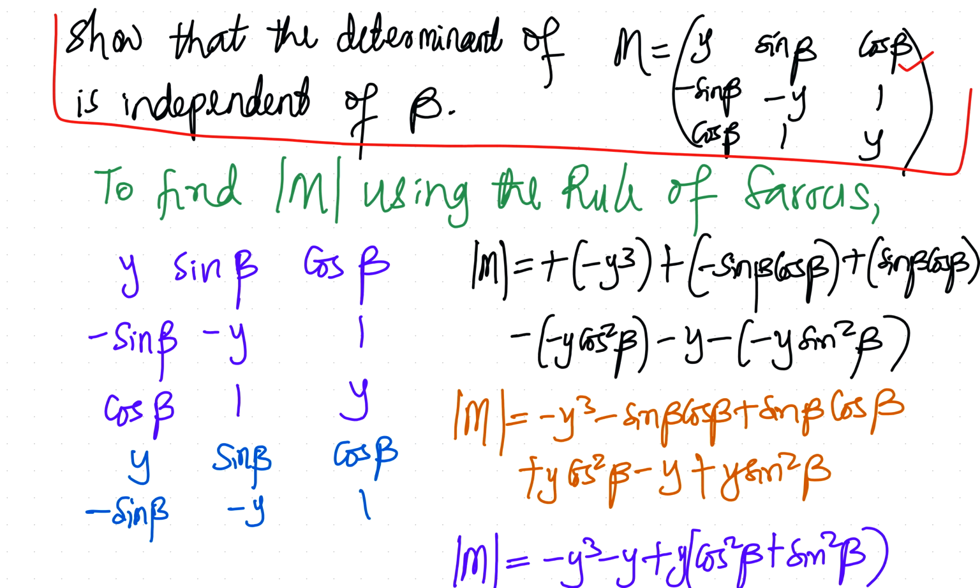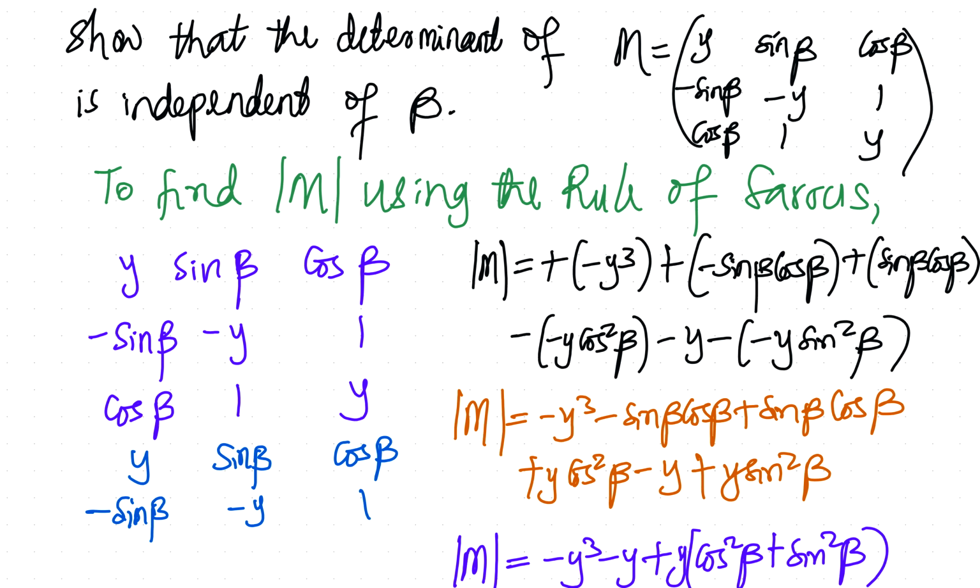For the positives, you cross this, so that goes that way. That's the first. The second is this, and the third one is this. That's for the positives. Let me use another color, green.